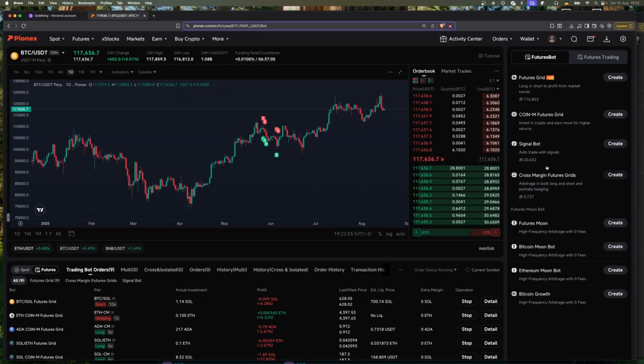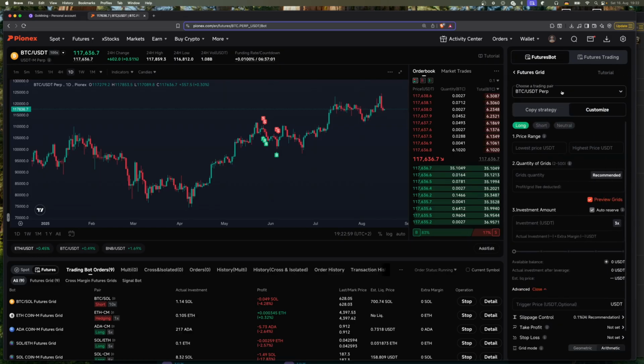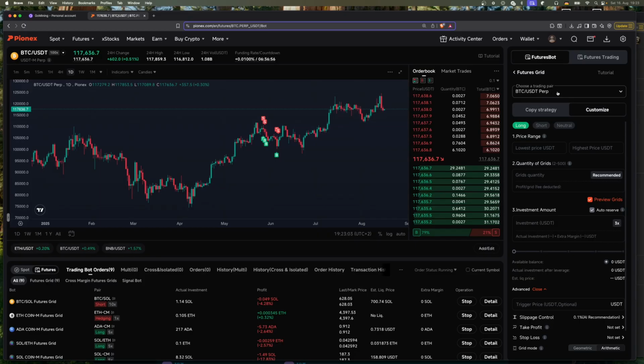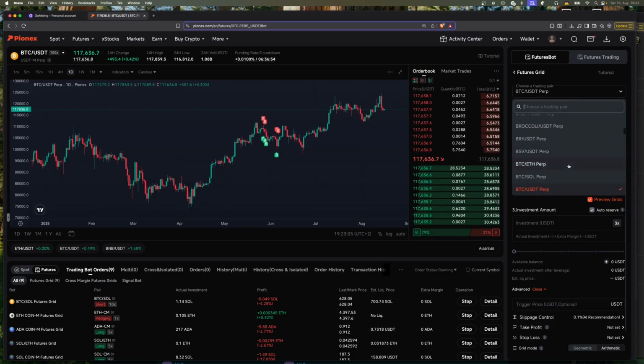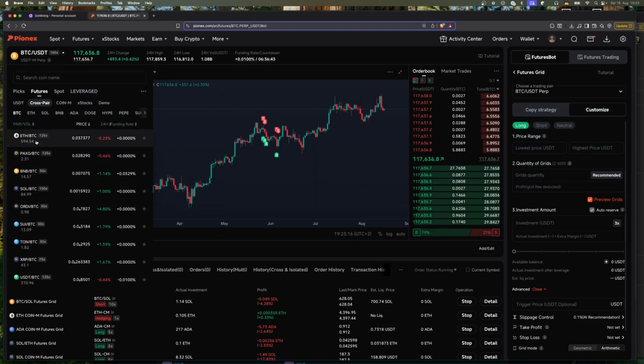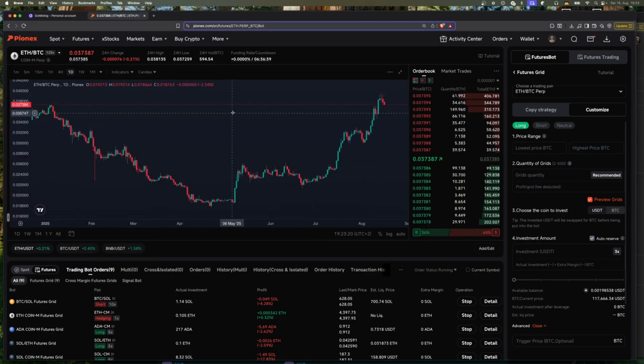Last, before we head into actual bots: when you go for the futures grid bot, you can also, instead of going for BTC/USDT, for example, go for so-called cross-pair coins. Here, for example, let's head to ETH/BTC, which is actually also the BTC growth bot.